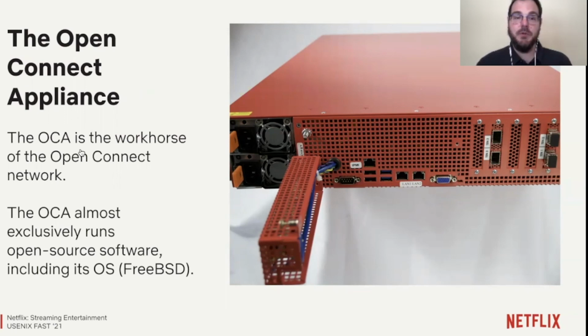As much as possible, we try to use commodity hardware rather than developing custom hardware for our content caches. We also try as much as possible to make them as cost efficient as possible, both to produce and to operate.